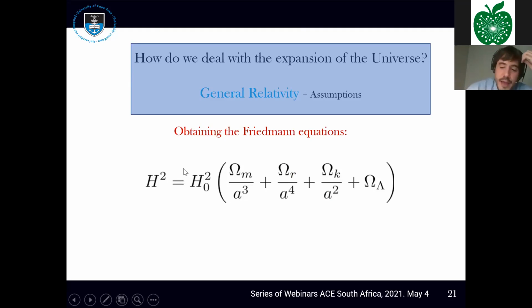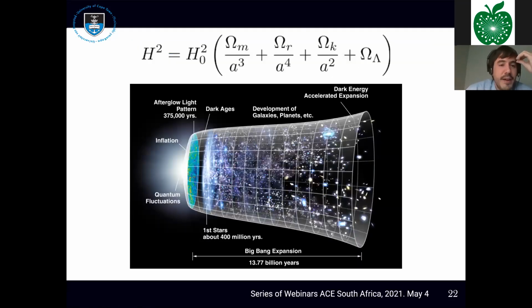This is very useful, not only because we want to know the rate of expansion, but also because the behavior of matter and energy, the content of the universe, is constrained by the expansion. The expansion puts constraints on the way energy and matter behave in our universe.